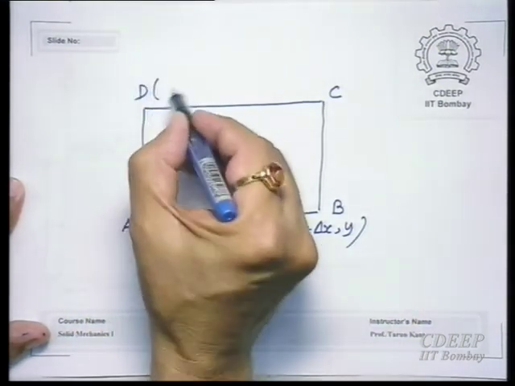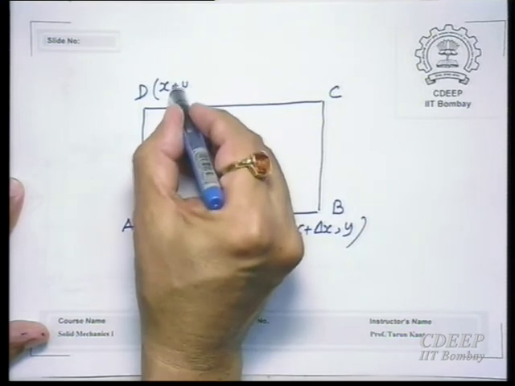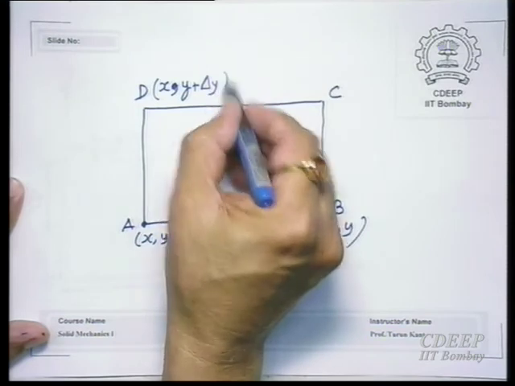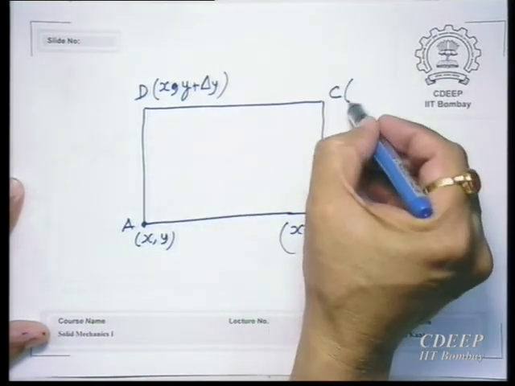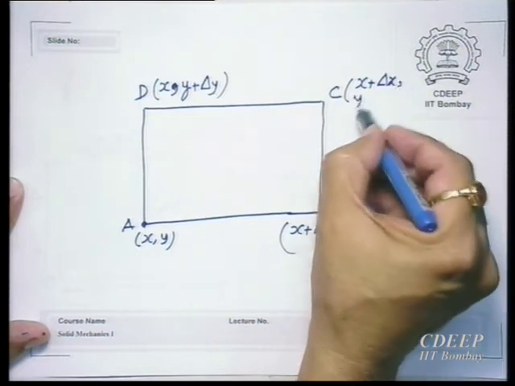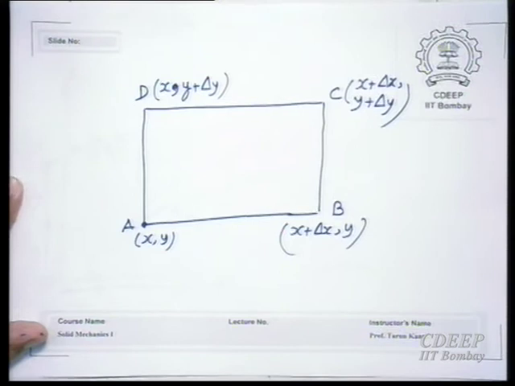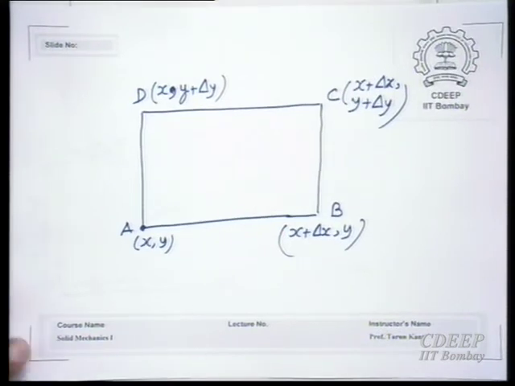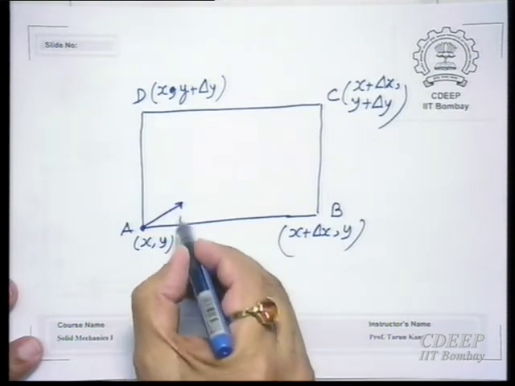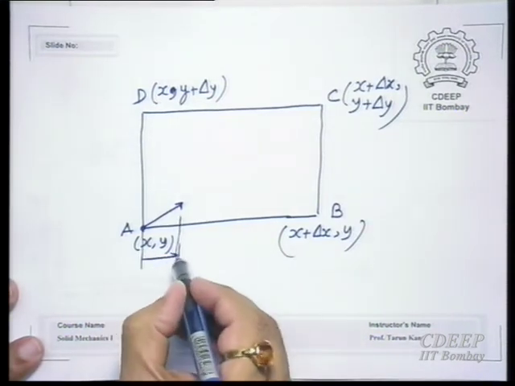This is x, y plus delta y, and this one is x plus delta x, y plus delta y. Then you take that A undergoes a displacement which is u and v.